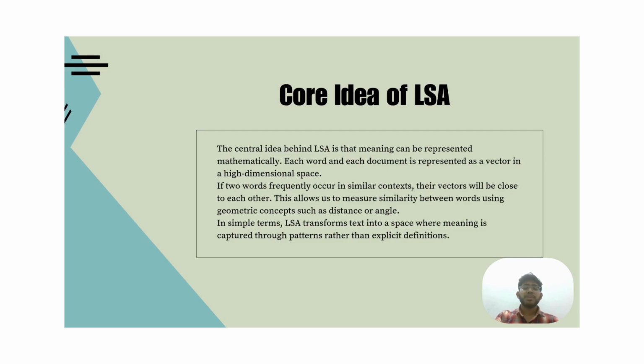In this space, this allows us to measure similarity using geometric concepts such as distance and or angles also. In this way, LSA transforms the problem of understanding language into a mathematical problem. Instead of relying on rules, it uses patterns and geometry to capture meaning.